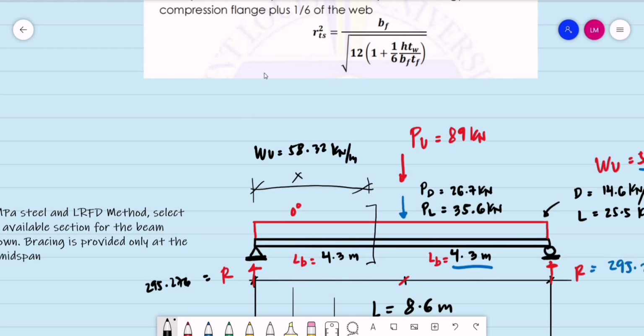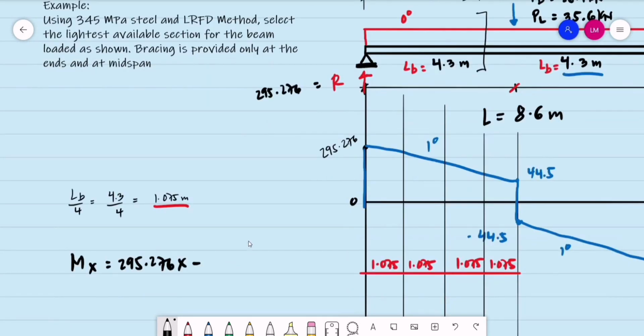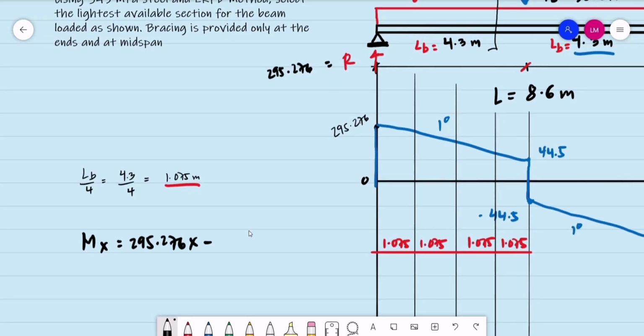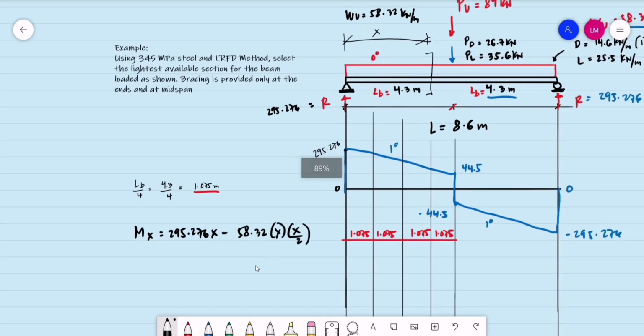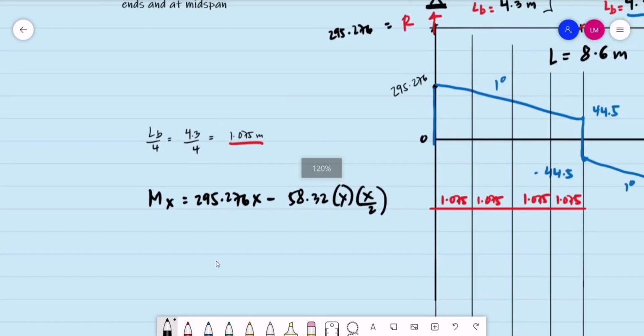So all we have to do is subtract that on the right side of our equation, that is 58.32 times the distance x. Its lever arm will be at a distance x over 2. Then the moment at a distance x will be equal to this. This will be our simplified moment equation.